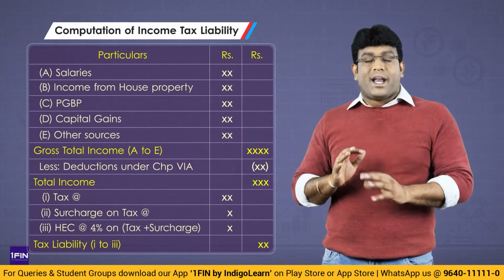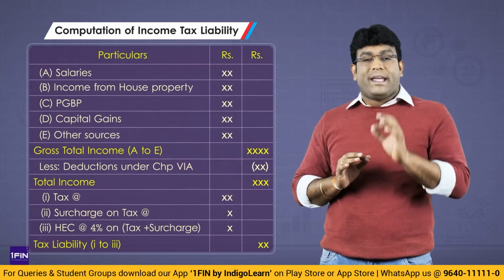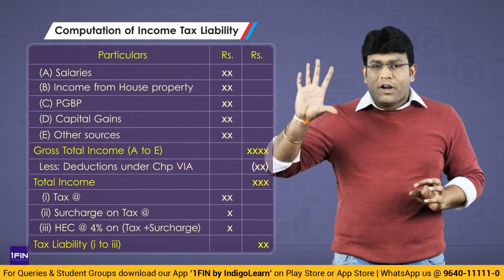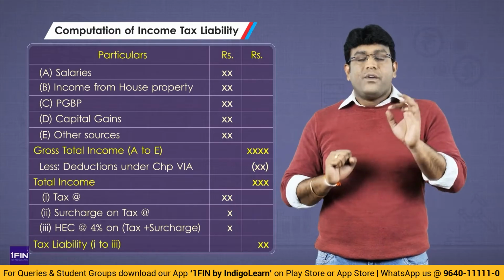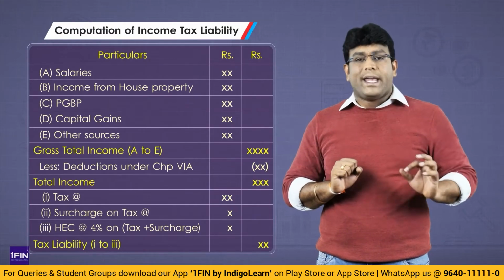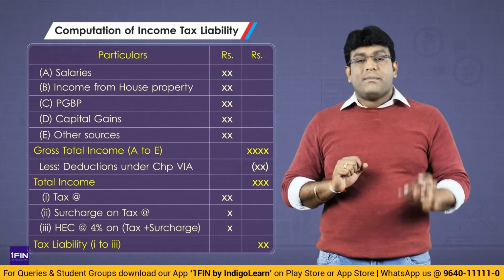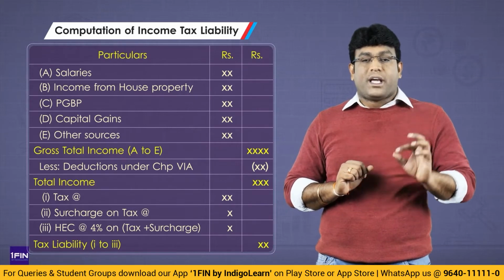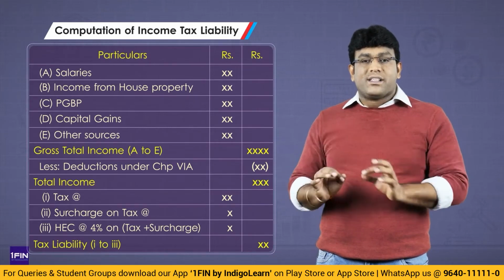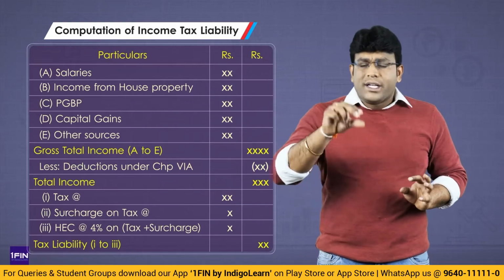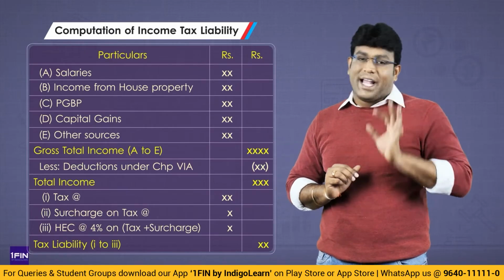The 5 heads of income are salary, house property, PGBP, capital gains, other sources. All 5 heads of income combined together, we will call it what? Gross total income. From gross total income, we will reduce deductions under chapter 6A. Then what we get is total income. On that total income, we will calculate tax.